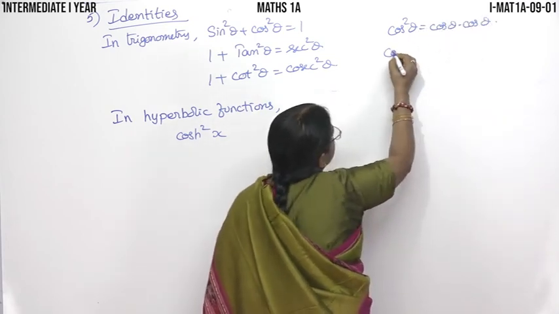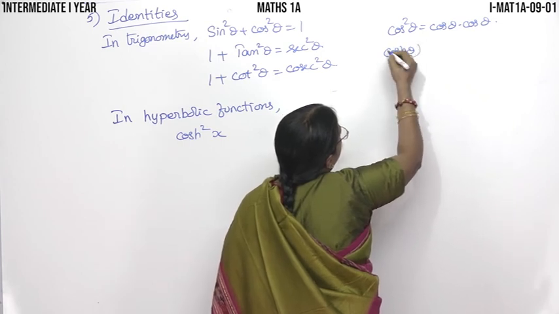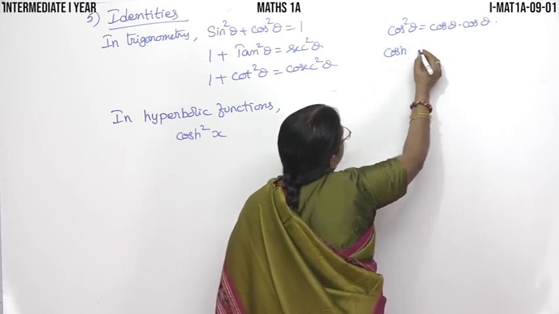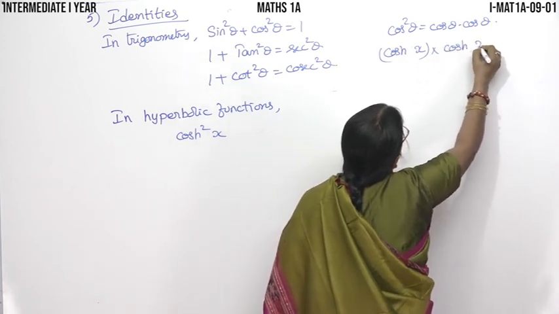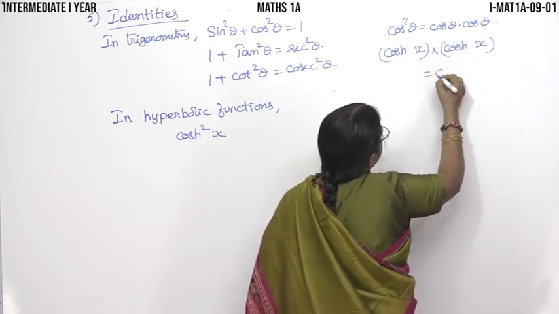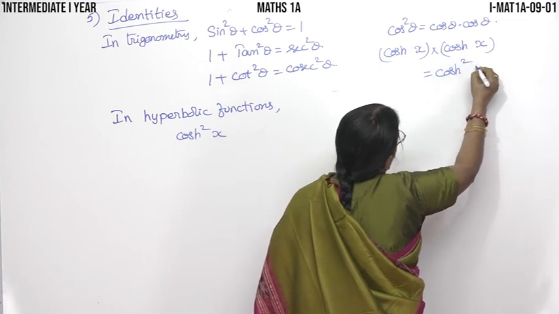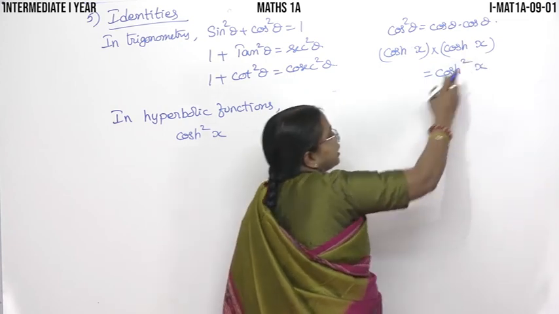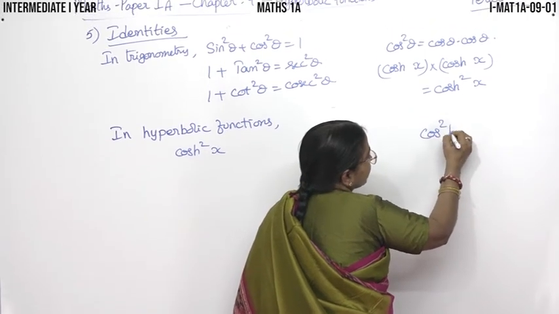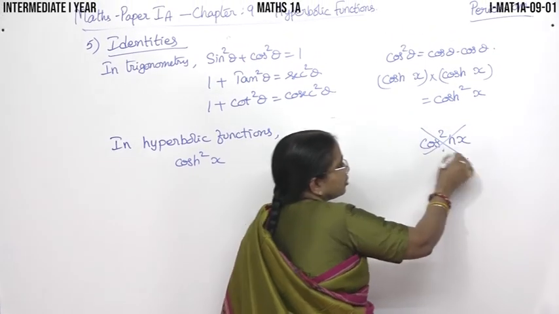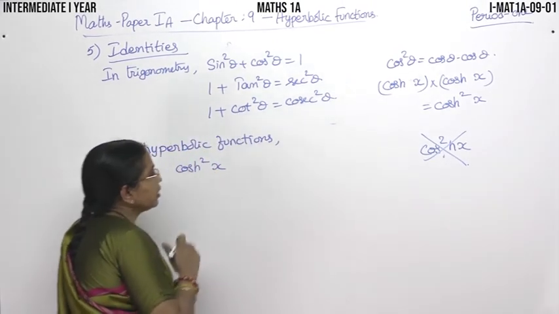Okay, cos h theta or cos hx, cos hx into cos hx, we'll write as cos h square x. You must write h square here. So cos square of hx is wrong. You should not write like this. It should be cos h square.